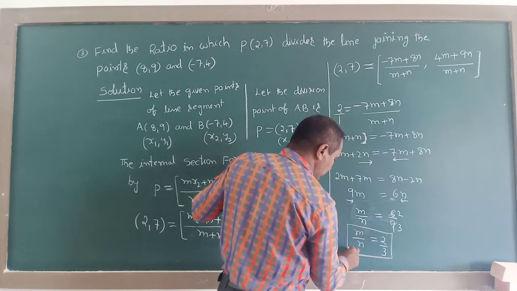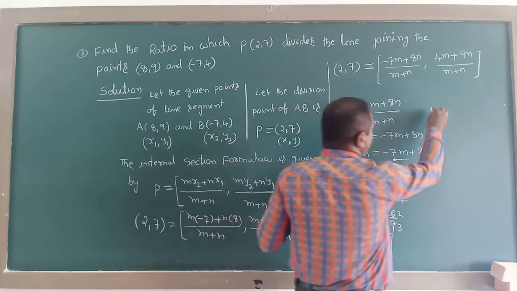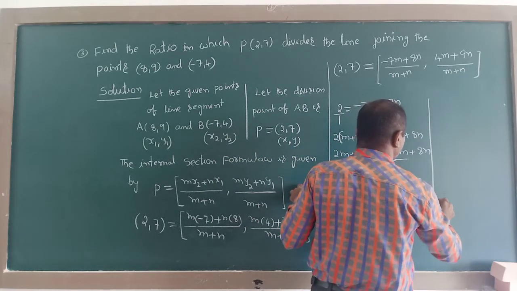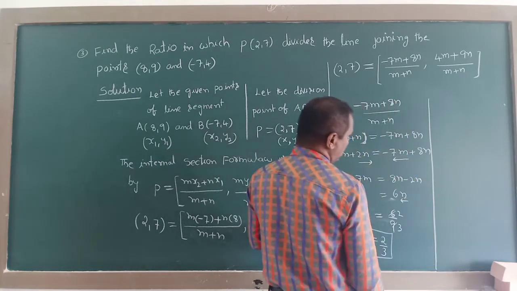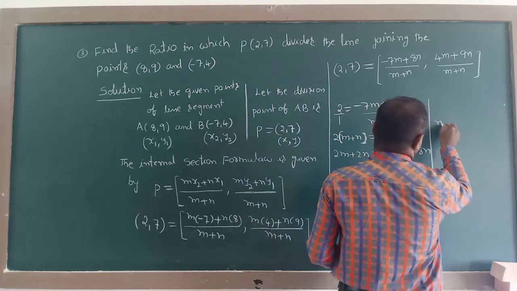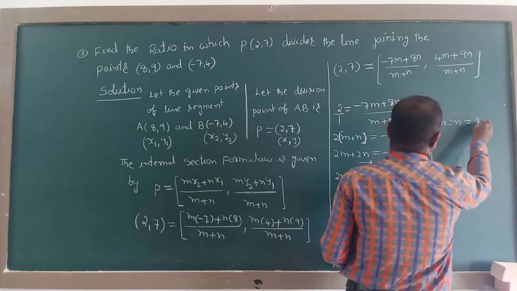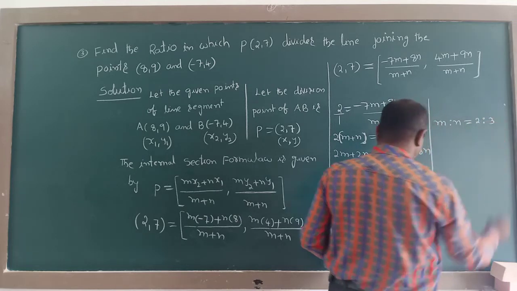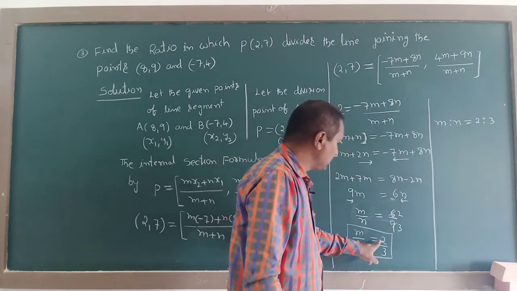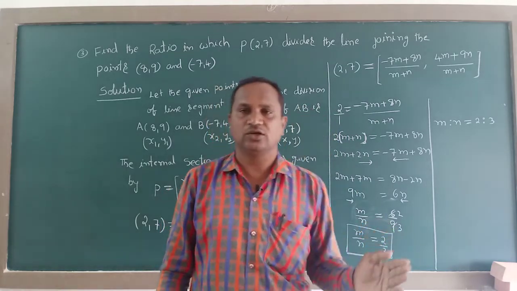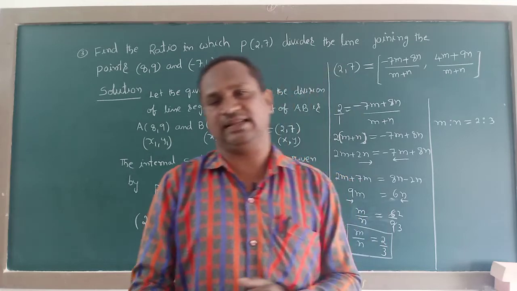So m is to n is equal to 2 is to 3. Because both are positive, plus 2 and plus 3, we take it as internal.